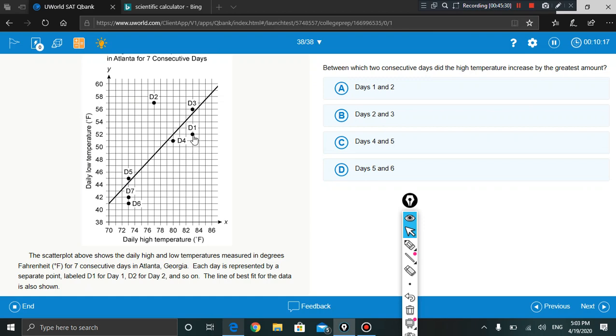Between 1 and 2, that's a nice 52. I like it. From 2 to 3, this is a decrease. It's not an increase, so that's out. So B is out. 3 to 4, that's a decrease. That's out. 4 to 5, that's also a decrease. That's out. 5 to 6, again, that's a decrease. That's out. He's talking about increase.